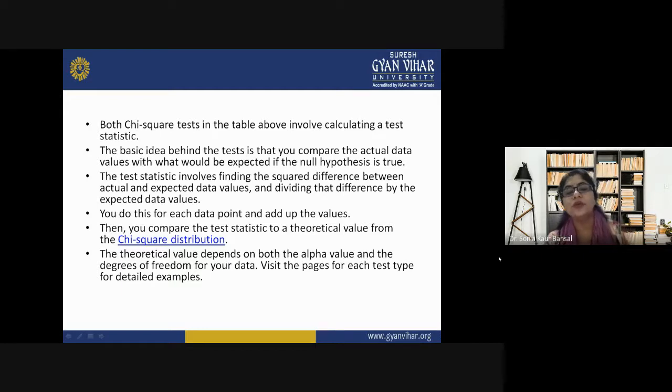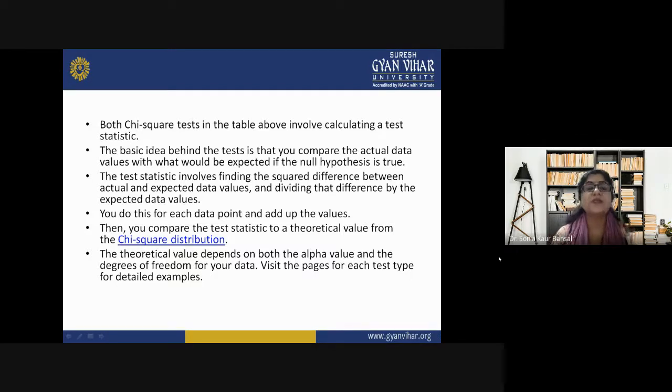You do this for each data point and add up the values. Then you compare the test statistic to a theoretical value from the chi-square distribution. The theoretical value depends on both the alpha value, which you have decided as the probability of risk, and the degrees of freedom for your data.